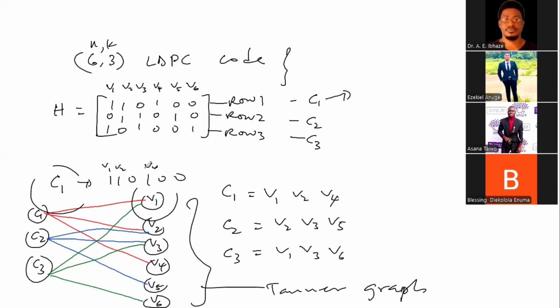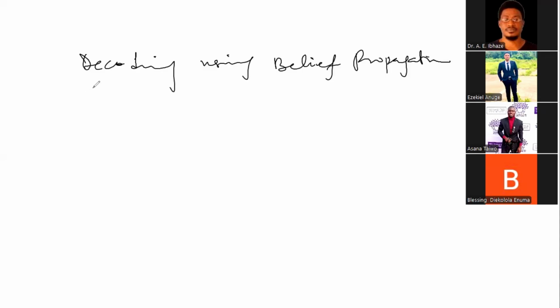And once this is done, having established this, then we can now perform what we call the decoding using the belief propagation algorithm.